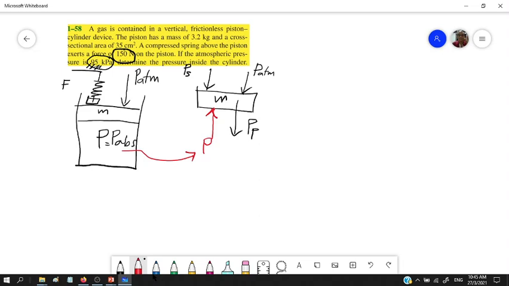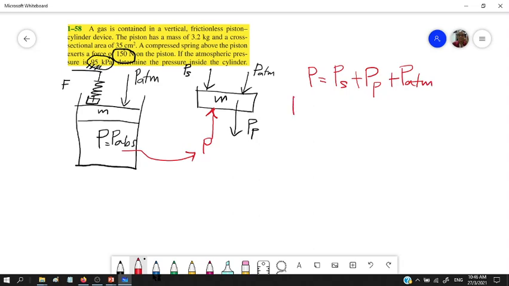So in terms of the pressure equation, P is equal to the pressure because of the spring, the pressure because of the weight of the piston, and the pressure of the air, which is represented by the atmospheric pressure.